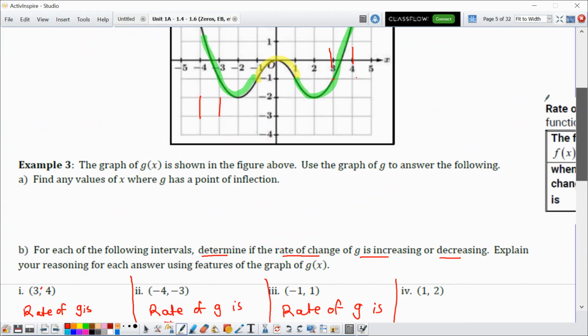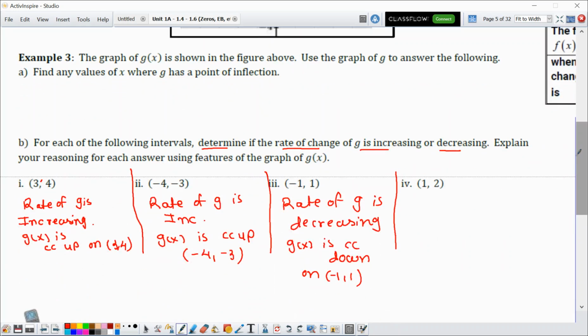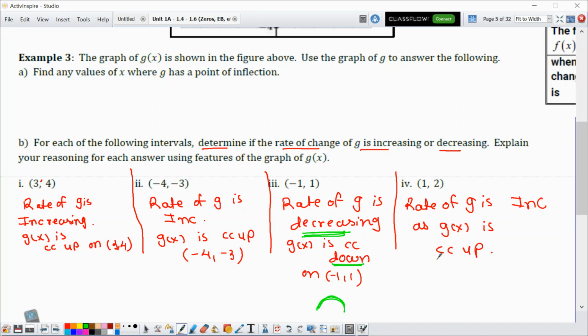Okay, so what's happening between 1 and 2? You can clearly see it is CC up, which means increasing, not the function, the rate. So rate of g is increasing as g of x is CC up. One more time, this is the only place it's decreasing, because it is concave down.